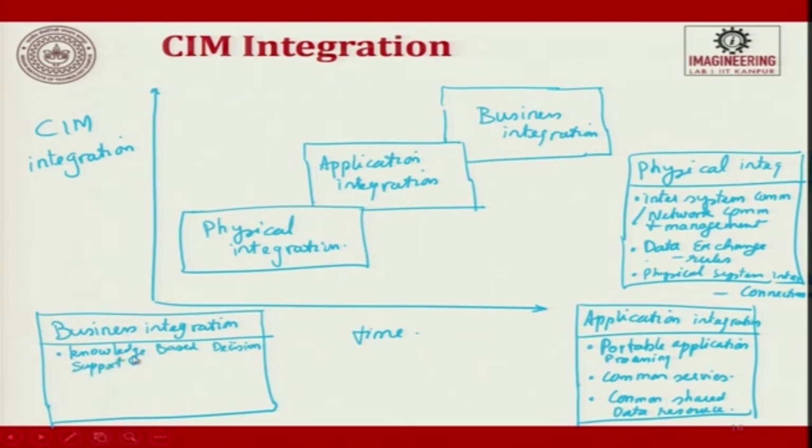Support knowledge based decision, support business control. The next one is automated business processing, and so you have here production and process simulation.